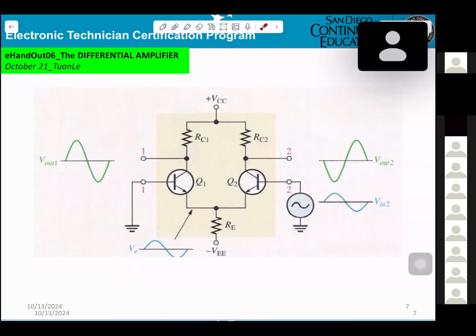Now, that only tells you, okay, when you apply a sine wave to the Q2, then you also get a sine wave here at the emitter, and that will go into the Q1 emitter.